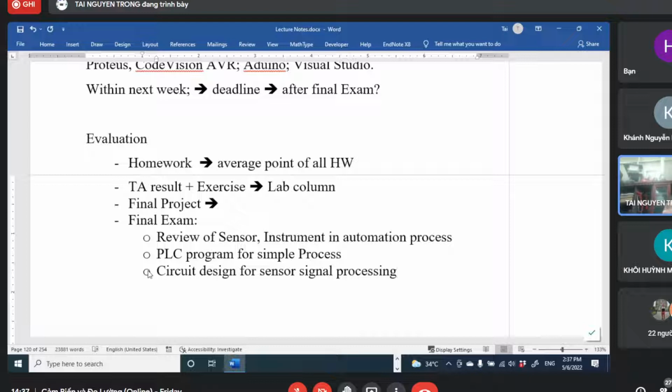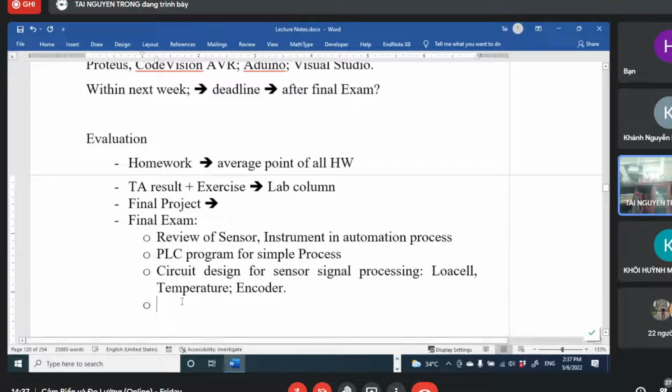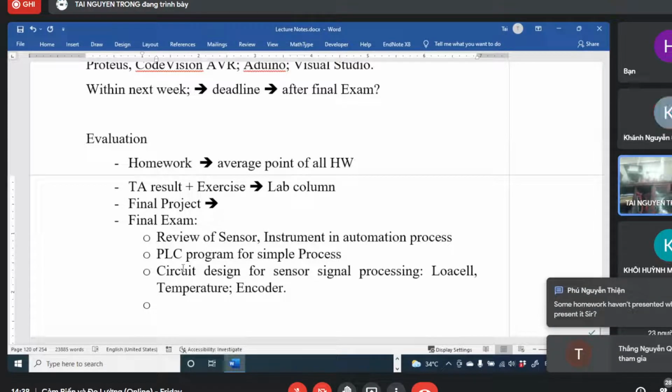In this case we will have such as load cell, thermocouple, temperature, encoder. That is some of the main points of our course, and that is the result from your homework.